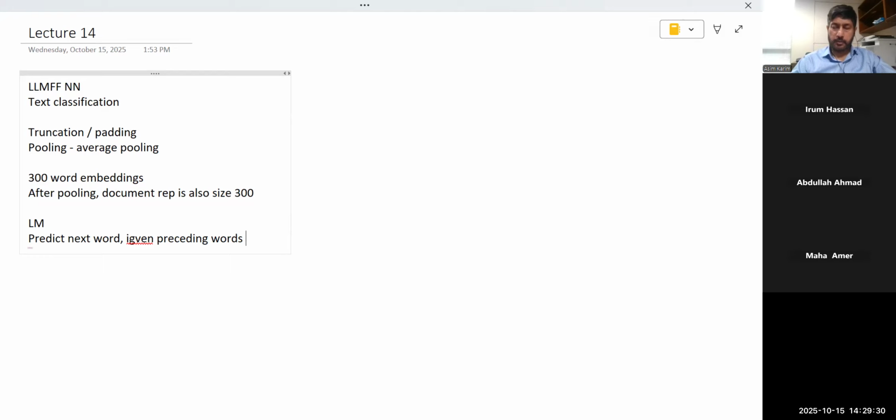This is actually your context. So this is the context, and the context you can fix for a particular neural language model.